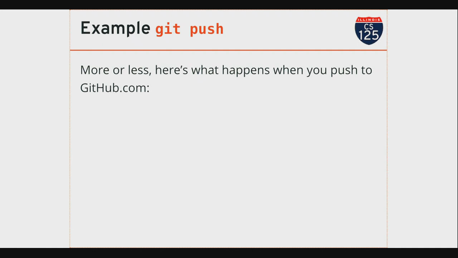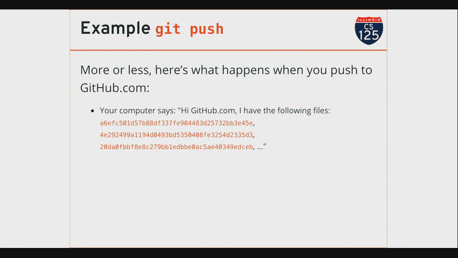All right, this is also how Git push works. So when you push your code to submit it, you push it to GitHub, it doesn't transfer all of the contents of your repository every time. That would be really slow. So the question is, how does your computer and the GitHub server, what's the protocol they use to figure out what new information you have that GitHub.com does not? The way this is done is using a protocol that uses hashes.